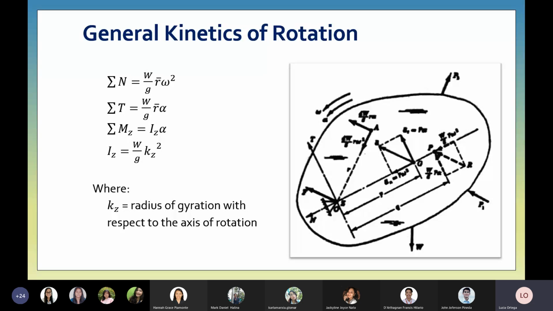Now, if we consider the kinetics of rotation, we have this equation. We add summation of forces in the normal direction, that is W over g R omega squared. What is R omega squared? That is normal acceleration. We just square it.